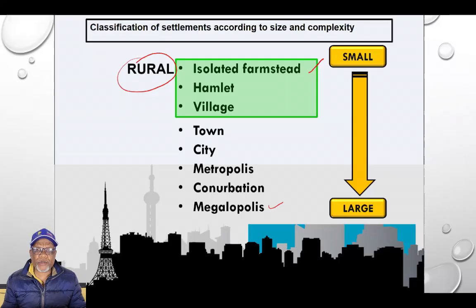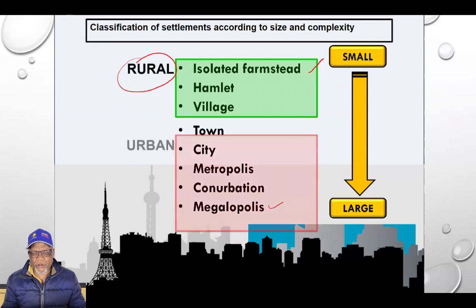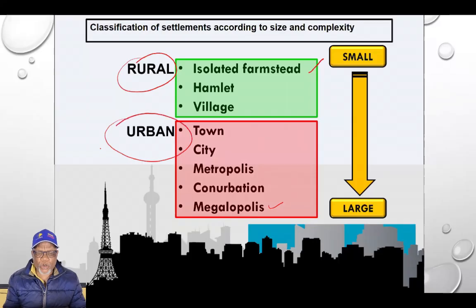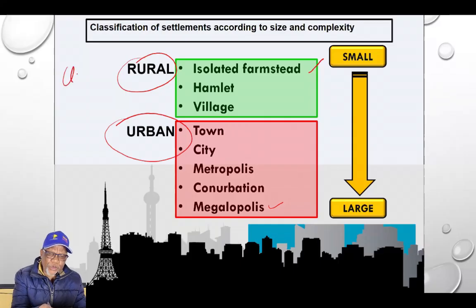Then we continue looking at settlements from town, city, metropolis, conurbation, and megalopolis. So this is now a classification of settlements according to function as well. We're saying rural settlements are unifunctional.